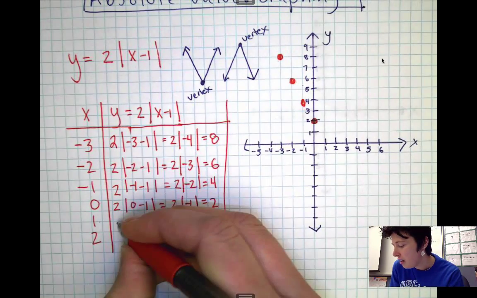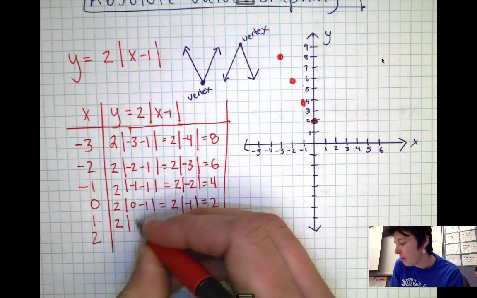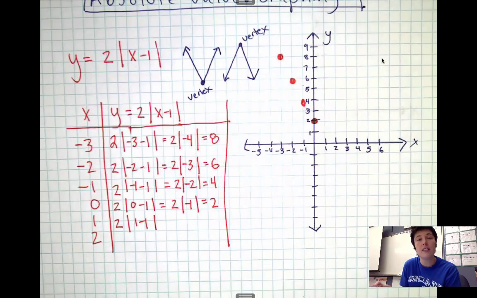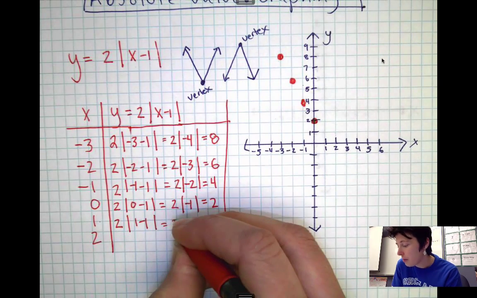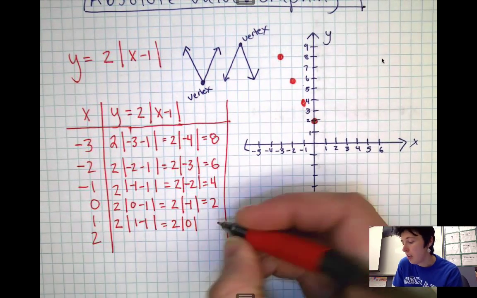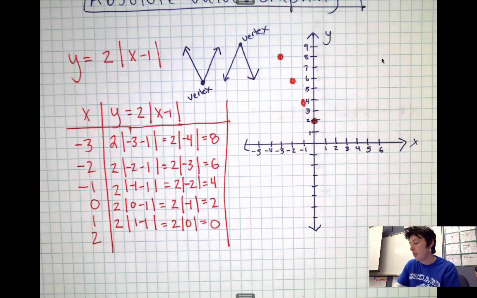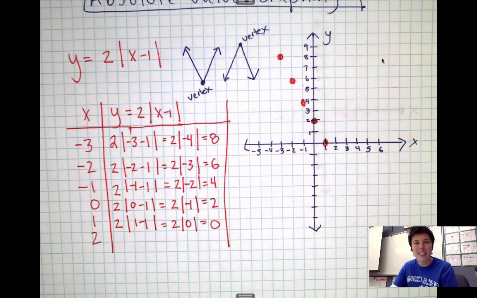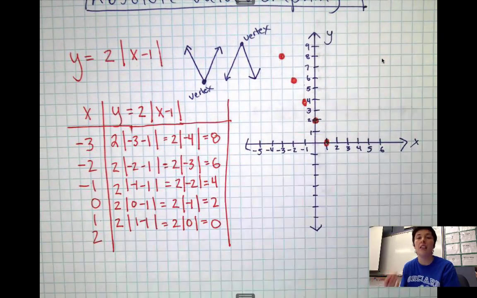Let's do 1. 2 absolute value, I'll plug in 1. 1 minus 1 is 0, so I have 2 absolute value of 0. 2 times 0 is 0. All right, I'll go to 1 and 0. That still looks like a line, so I got to keep going in my table.